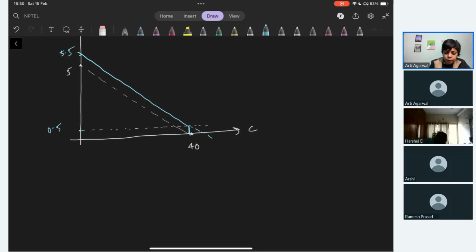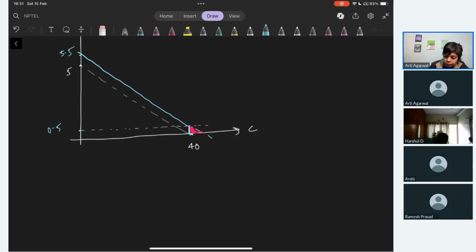This part is not going to happen. This is not included. Only this part, which I have drawn in the blue curve, is included in the budget set. This cutoff is there now, right?